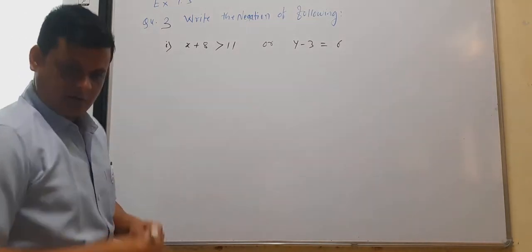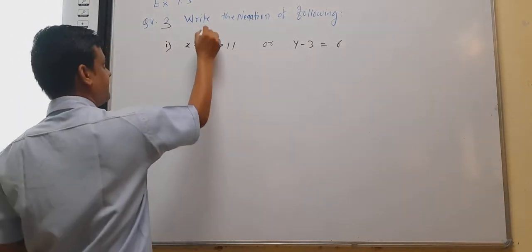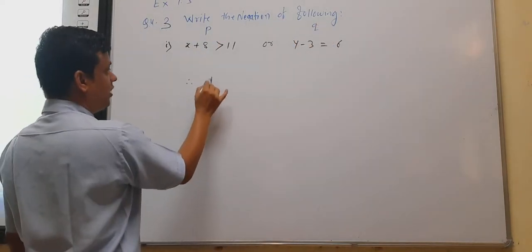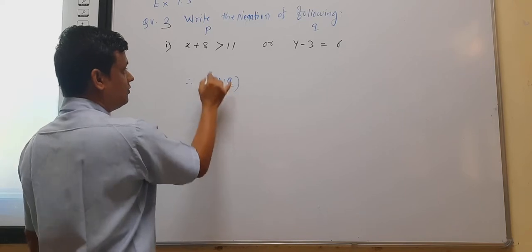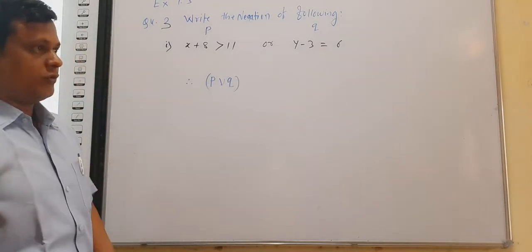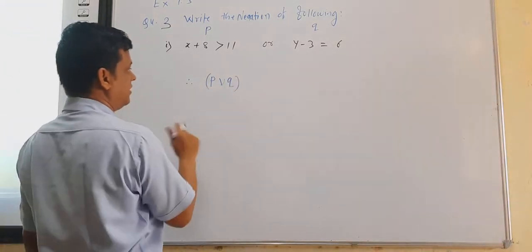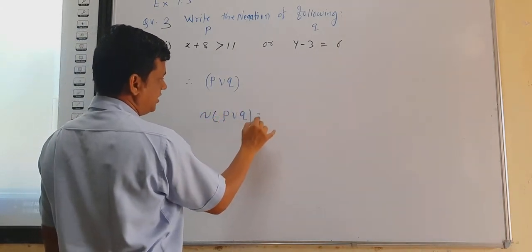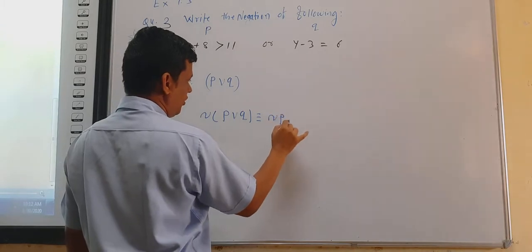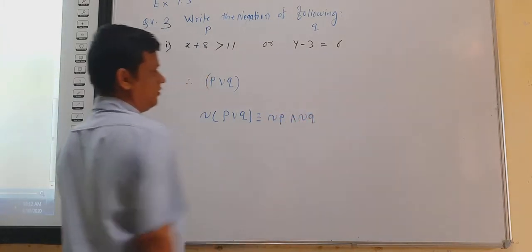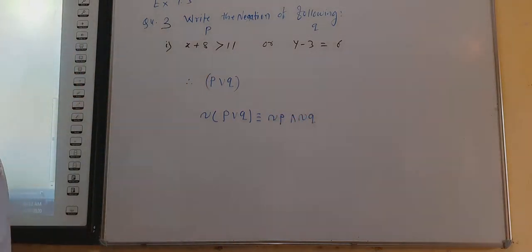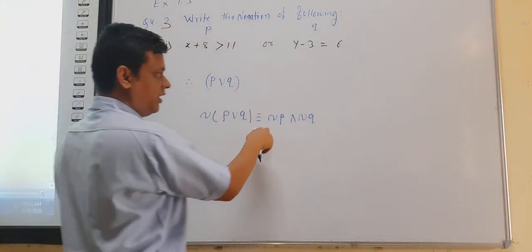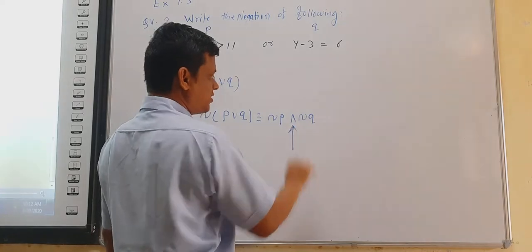Suppose this is the first statement, this is the second statement. Therefore its symbolic form is P or Q. So we have to make the negation of this disjunction. Negation of P or Q is equivalent to negation of P and negation of Q.